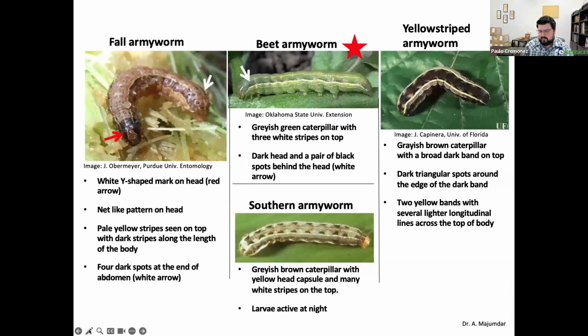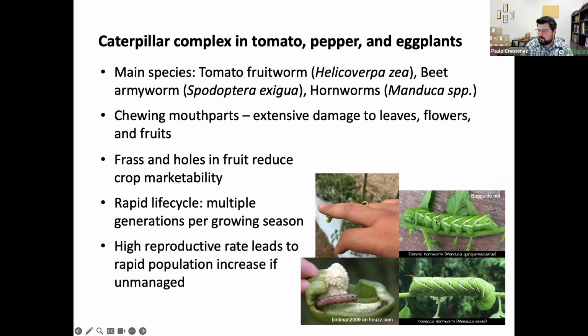This is very important because you can define the species that you have. Usually we find more of the tomato hornworm than the tobacco hornworm in the tomato crops, but both of them can be prevalent. This is a beet armyworm here on a bell pepper, and also you can find some loopers.